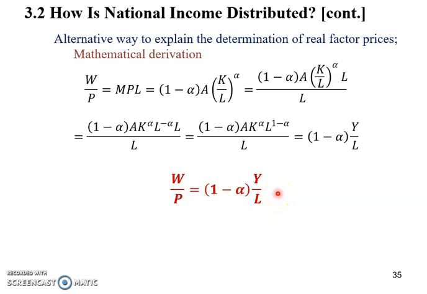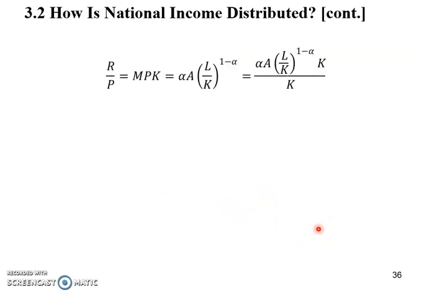This is for the real wage. For the real rental price, we're going to do similar things. R over P equals the marginal product of capital, which equals alpha times A times L over K, to the power of 1 minus alpha.